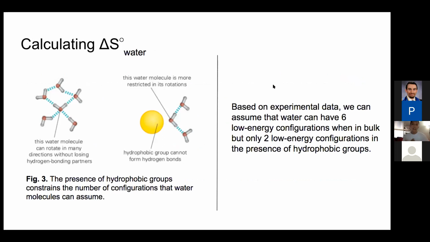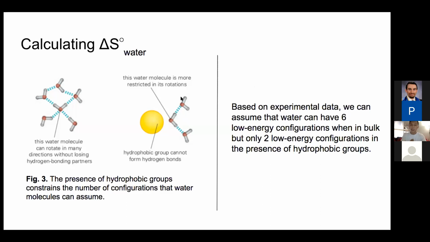So qualitatively, you guys have already encountered this concept, right? When there are no hydrophobic molecules, water can form not only a lot of hydrogen bonds, but there are many ways to form hydrogen bonds. A water molecule can rotate in space, and there are a lot of rotations that allow hydrogen bonding.